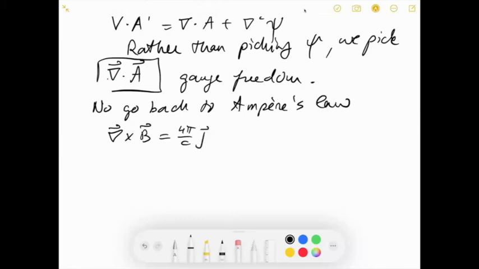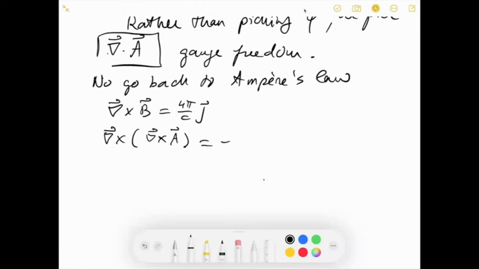And now we can insert here, for B, the curl of A. And we know that the curl of curl of A is minus the Laplacian of A plus the gradient of the divergence of A. That's a vector identity.